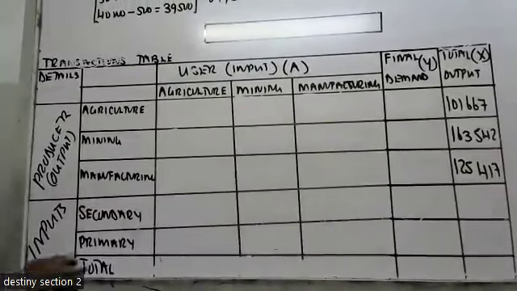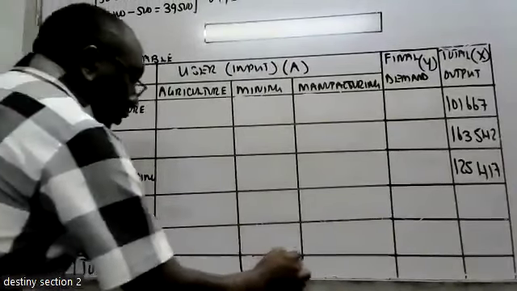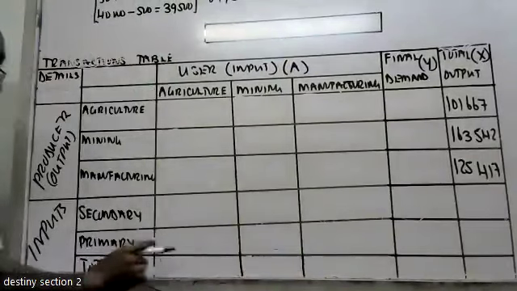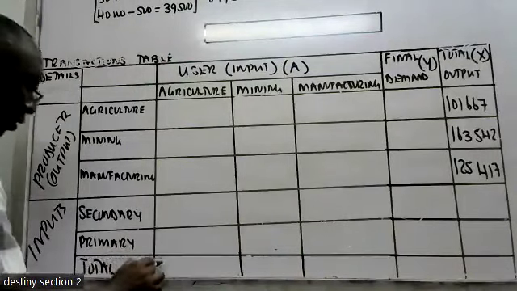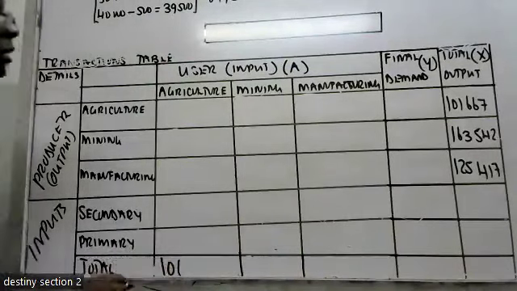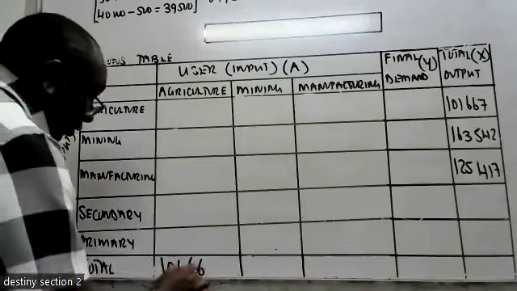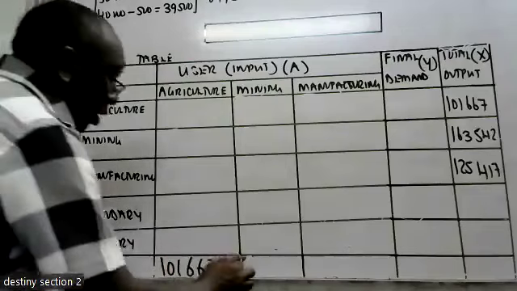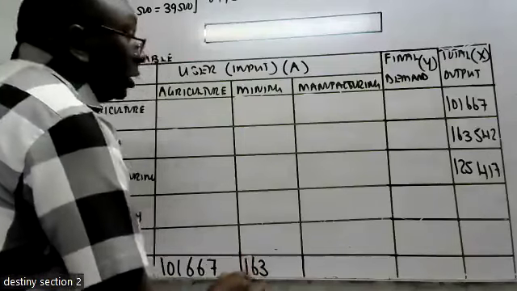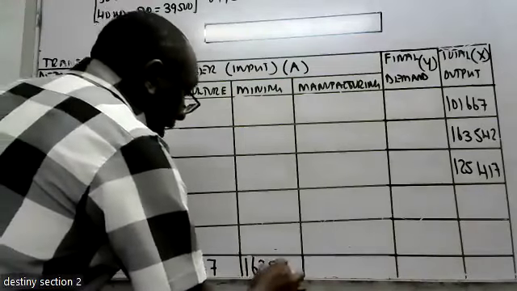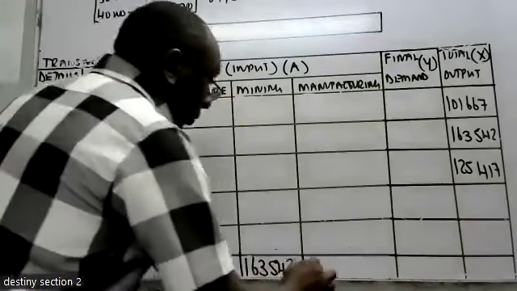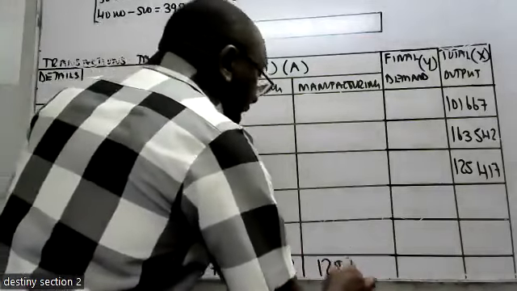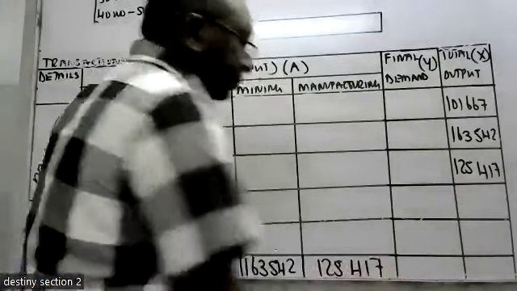Then, as we said, those total outputs will be the total input, so record here 101,667, 163,542, 125,417.